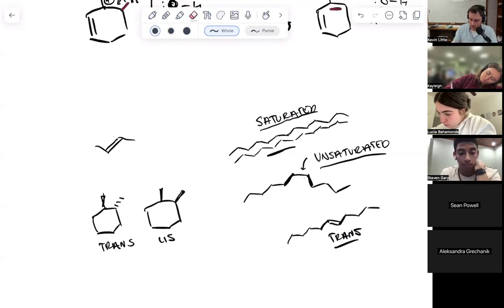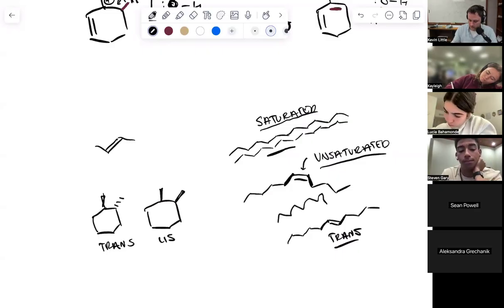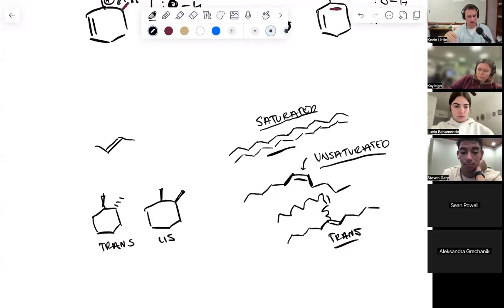Unsaturated fats, because of the rigidity of this double bond, have trouble stacking on top of each other. They are just less stackable. So saturated fats are your butter, your lard, your coconut oil. Unsaturated fats are your olive oil, your seed oils.